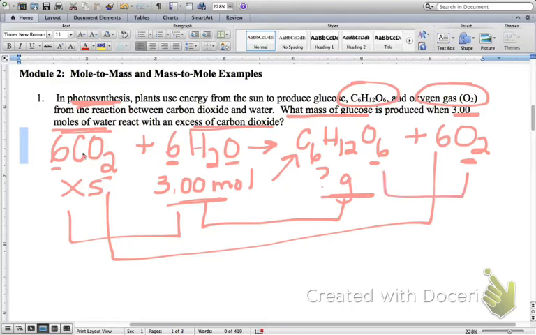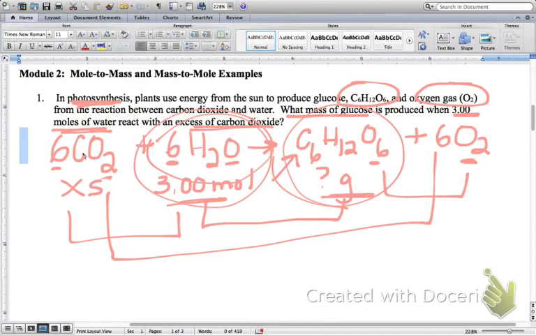It doesn't matter, but anytime I try to move from one substance in the chemical equation to another substance in the chemical equation, I have to, as Bergman and Sams say, go through the land of the mole. You have to go through the mole quantity, which means that this problem is going to start out exactly like the last problems that we did in Module 1.